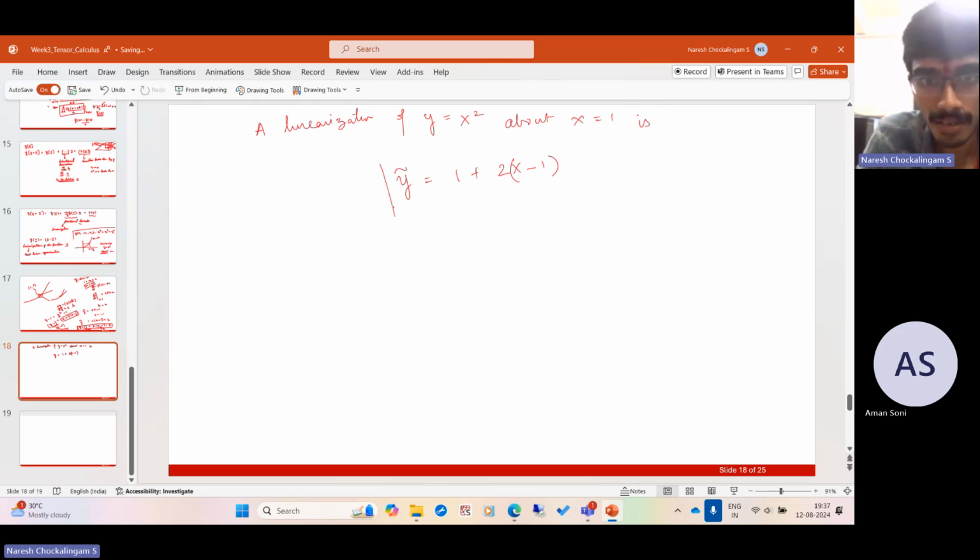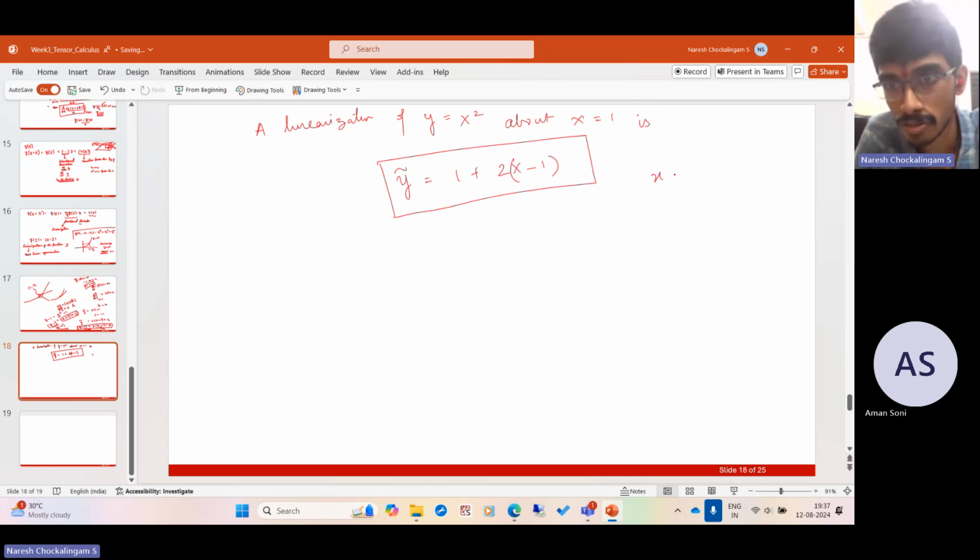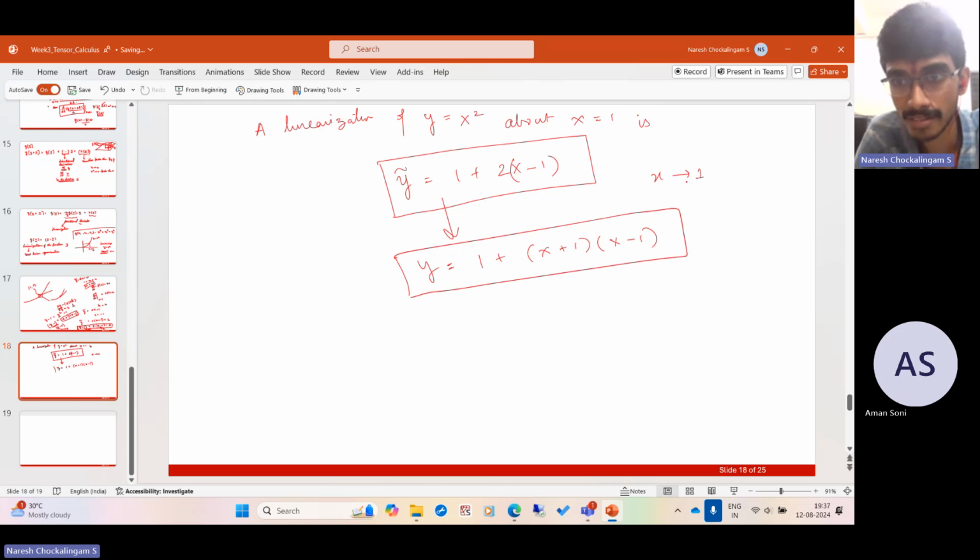So this is a linearization of this function. As x is very close to 1, say 0.9999 or 1.0001, these two functions are almost the same.